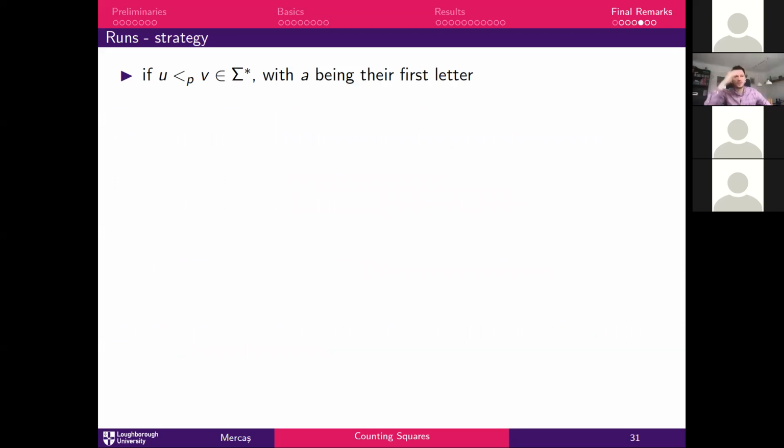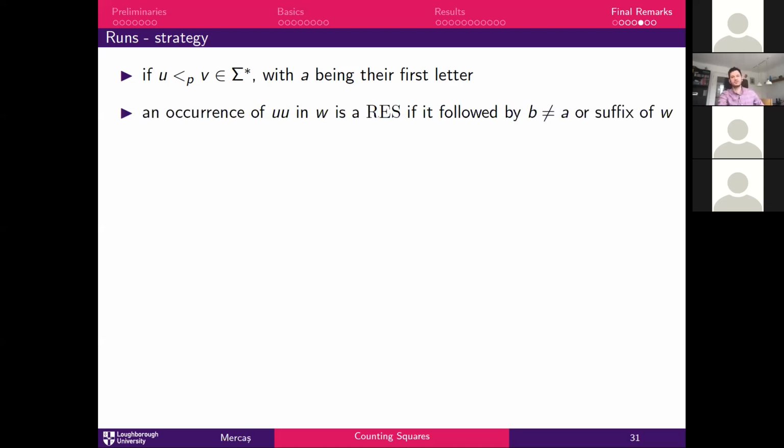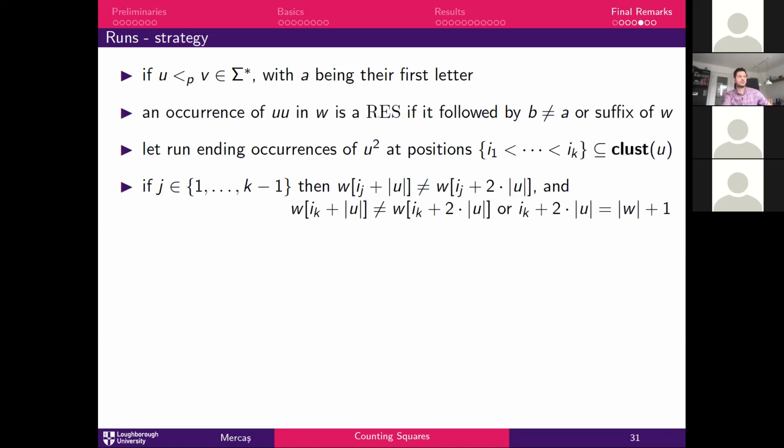So for the run ending squares, I want these to be one prefix of each other. The whole idea is that if you're going to look at runs, the first letter of each of these run ending squares is going to be different from the one following the run. And therefore, what you can do is, for every run ending square that exists, count two positions in the cluster of U, while in every other cluster that has U as prefix, one of the positions will be missing.